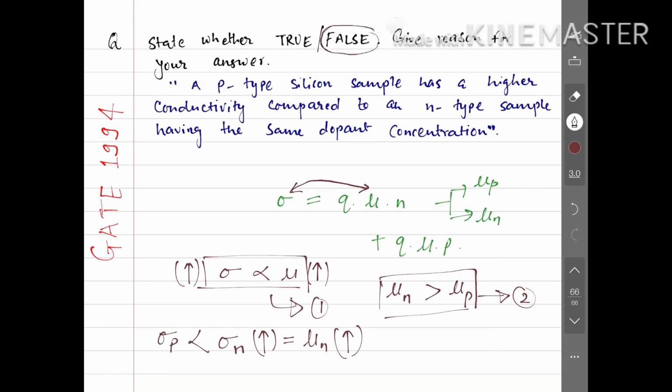But in reality the conductivity is higher in n-type material, because in n-type material we have electrons in abundance and the mobility of electrons is higher than the mobility of holes. So we can say that the conductivity of n-type material is always higher than the conductivity of p-type material. The answer for this question would be false, and the justification is whatever we have discussed so far. Thank you so much.